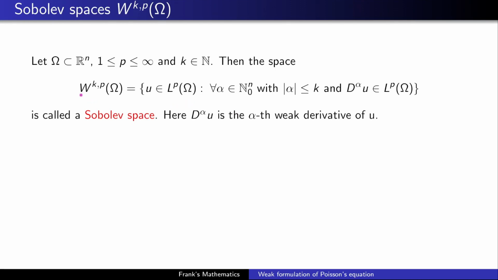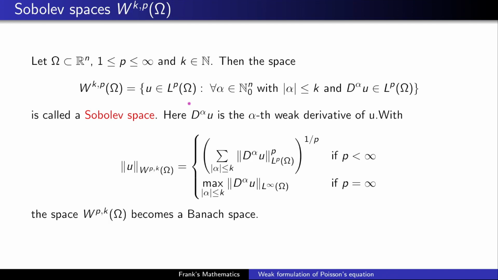This is denoted with W^{k,p}, where k denotes the degree of the derivative and p denotes the order of the L^p space. This is a nice space, and in fact you can make this a Banach space with the following norm. You can see the norm here. If p is less than infinity, you basically sum up all the derivatives and take the power 1 over p.